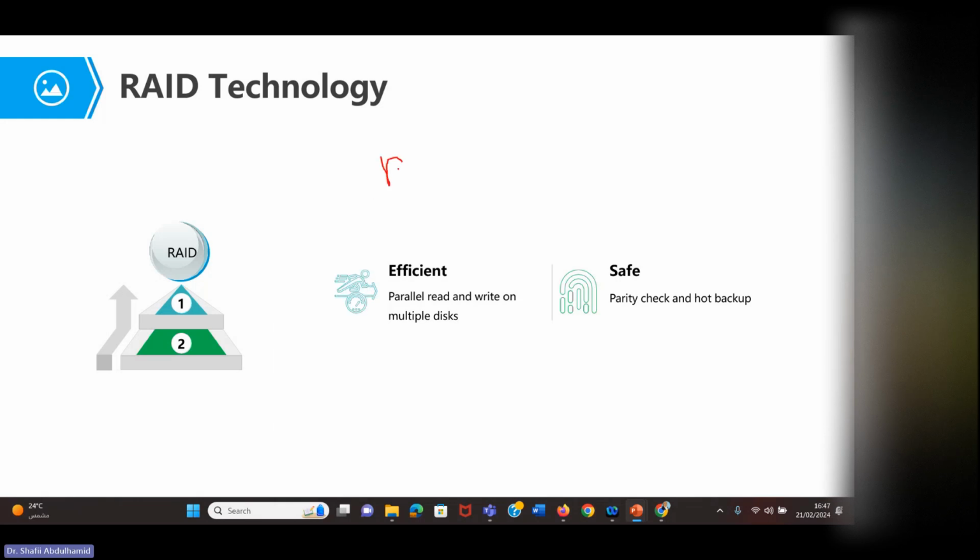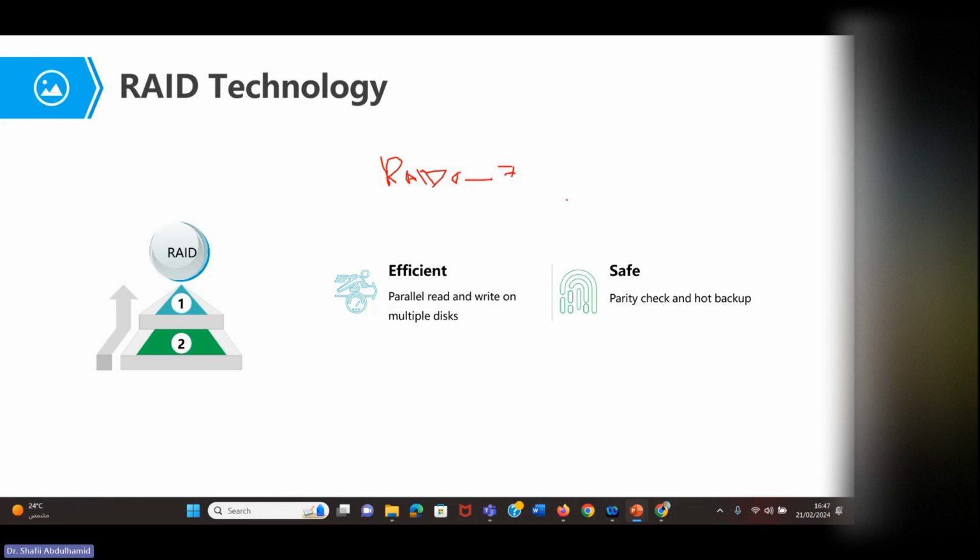We have RAID 0 to RAID 7. And after that, we can have different combinations of RAIDs.